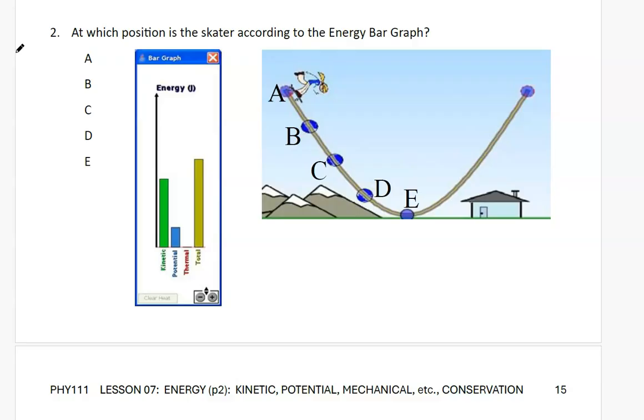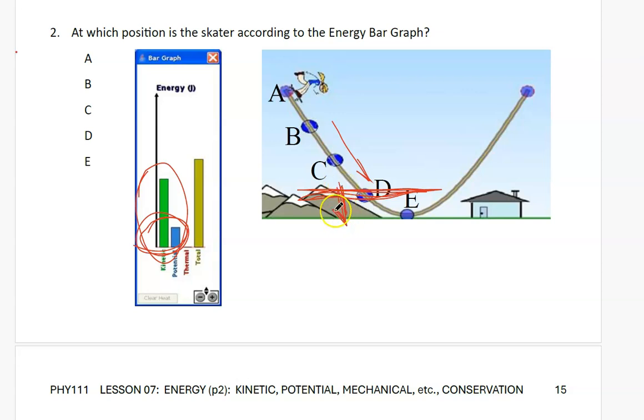We're just interconverting forms. Well, at this point, it tells us there's more kinetic than there is potential, which means they're moving fast and they do have some height, but not a lot of height. Well, the most obvious position that matches that is D, because at D, they've lost most of their gravitational potential, but there's still a little bit.